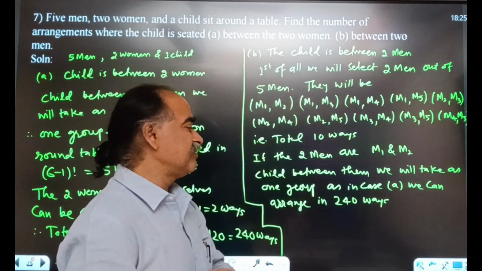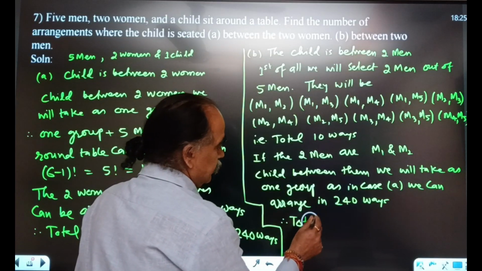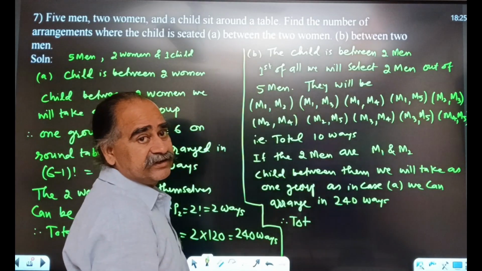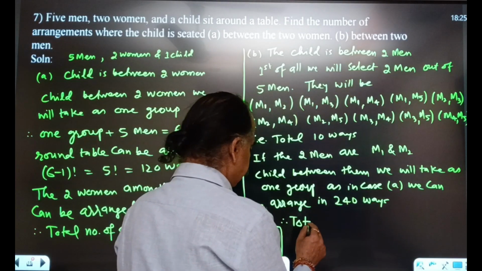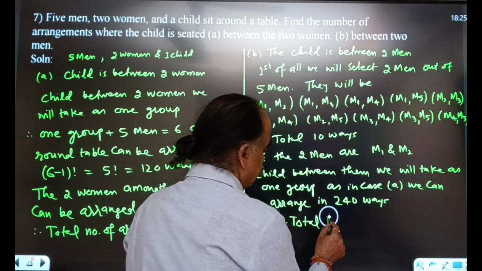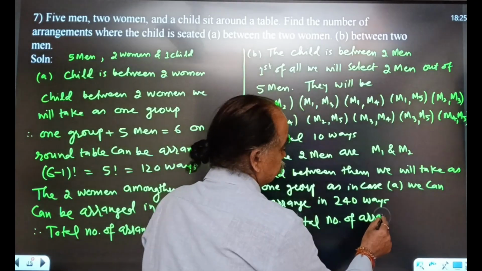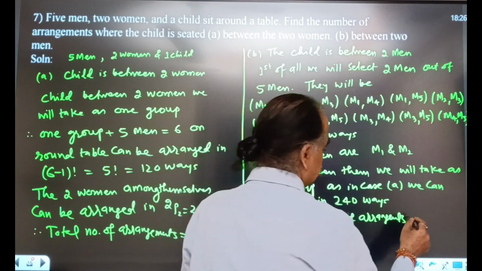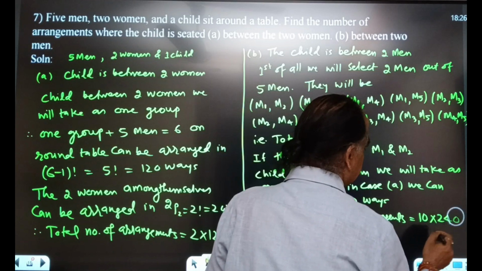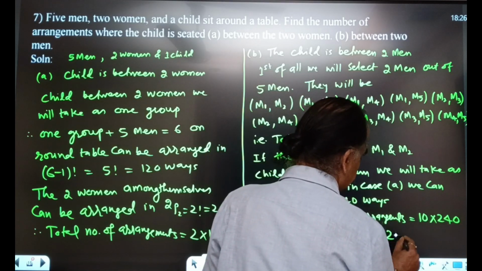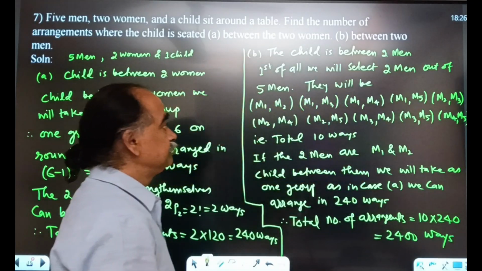Like this, there are 10 selections of 2 men. Therefore, in one selection, 240 arrangements are there. In 10 selections, it will be 10 times 240. Therefore, total number of arrangements will be 10 times 240, which is 2,400 ways.